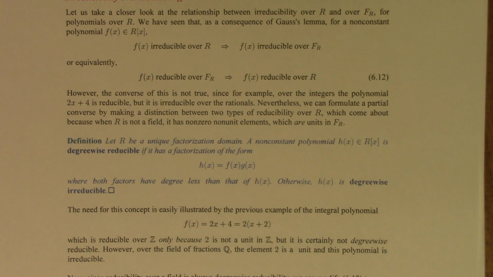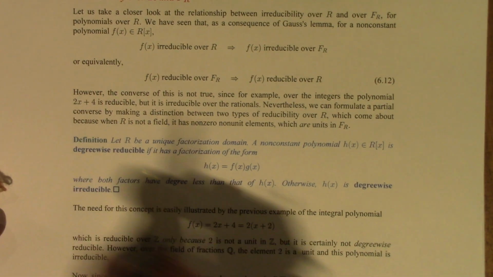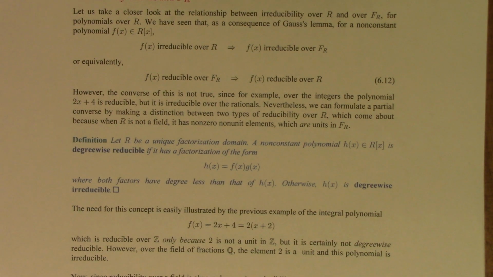For example, over the integers, this polynomial 2x plus 4 is reducible, but it is irreducible over the rationals.